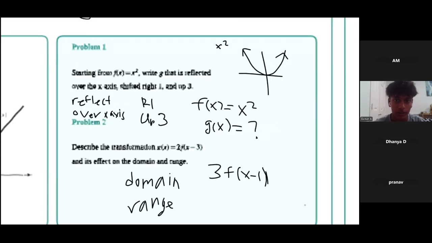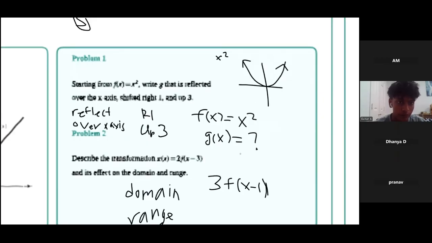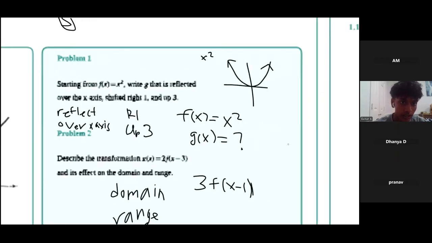I'm going to explain this question now. Okay, so first we looked at our original graph, which is x squared. Okay, good. Now we reflect this over the x-axis. So what we're doing to f of x becomes negative f of x, right?